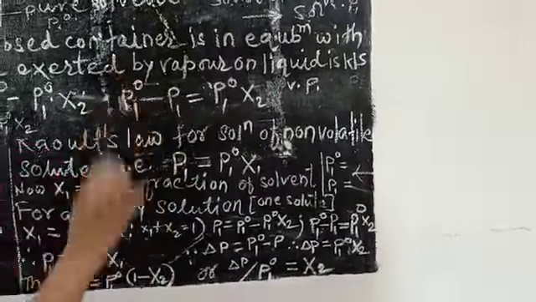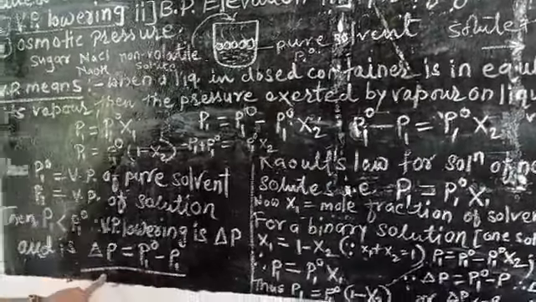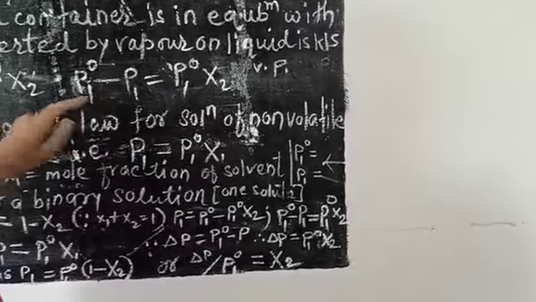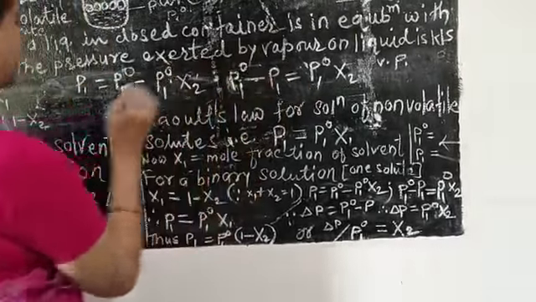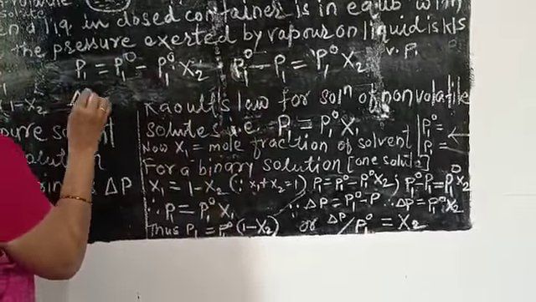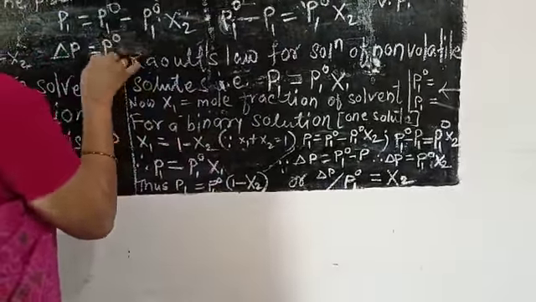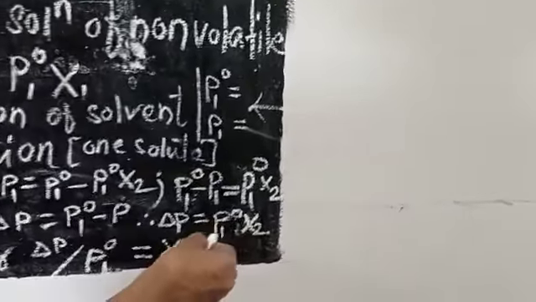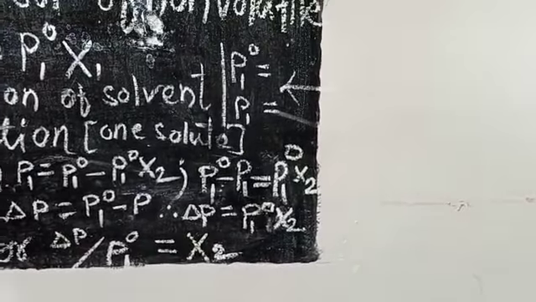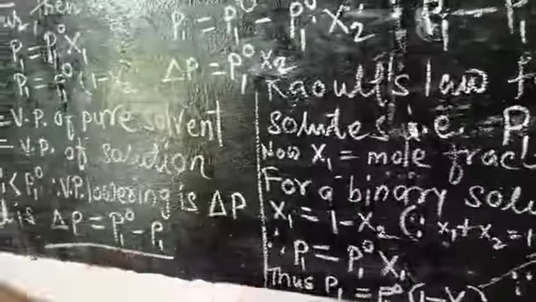Now this P01 minus P1 is nothing but delta P. See here, P01 minus P1 is nothing but delta P. So you can substitute the value here, and P01 minus P1 means delta P. So delta P is equal to P01 into X2. Delta P is equal to P01 minus P1.